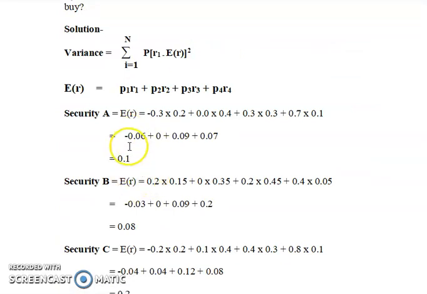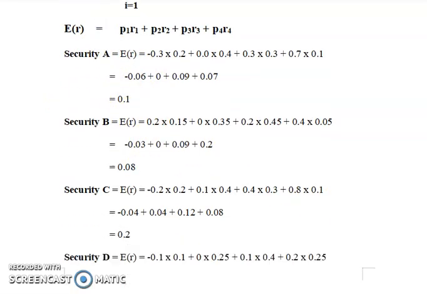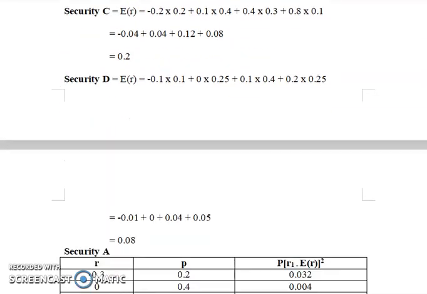I am looking into the expected return, because the expected return of security A is 0.1 and of security C is 0.2. The returns of B and D are very low, 0.08 and 0.08, both the same. So I am locking my decision to security A and security C.